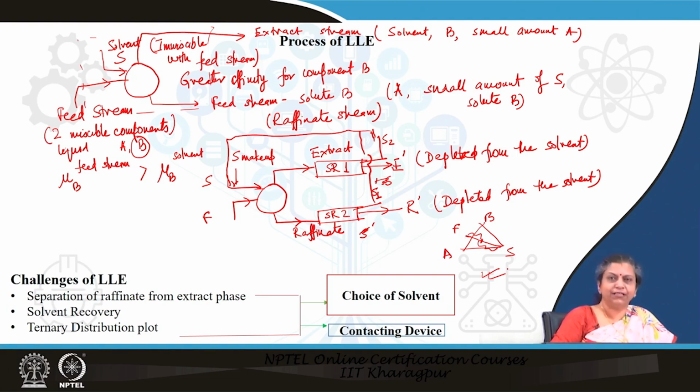Definitely there are applications, and that is why this particular topic is being discussed with you, and it is getting increasingly important in industrial applications, particularly with the advent of pharmaceuticals, fine chemicals, food products, etc.